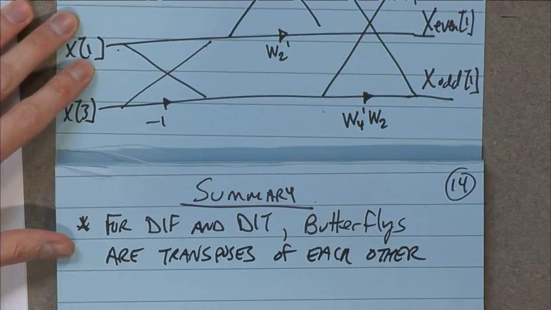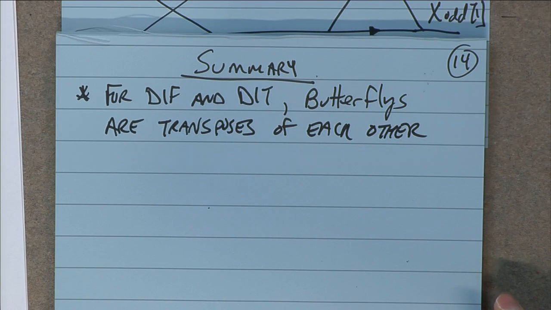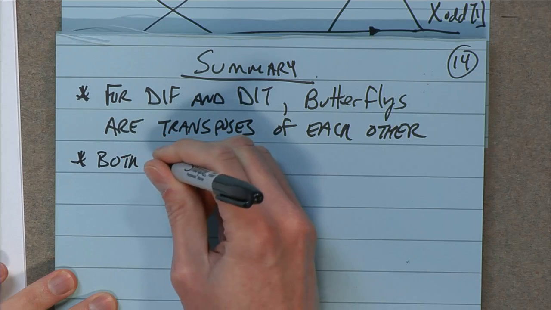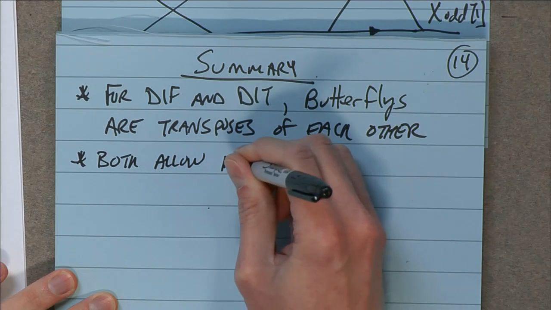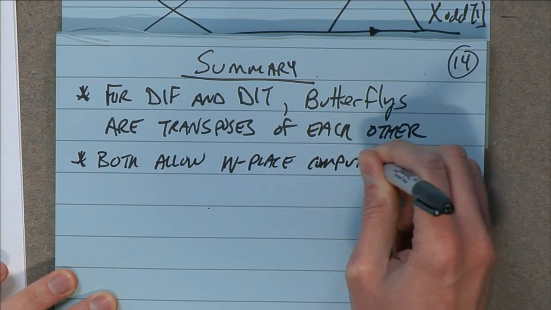So if you go through the fancy flow graph reversal and transposition, multiple input, multiple output versions of that, you can go from one to the other without any changes. The other key is both allow in-place computations, which is a good thing. It should be in-place computations. You don't need any more memory. You don't need to make double copies of everything.